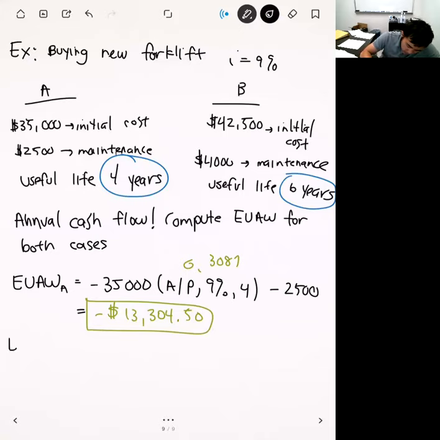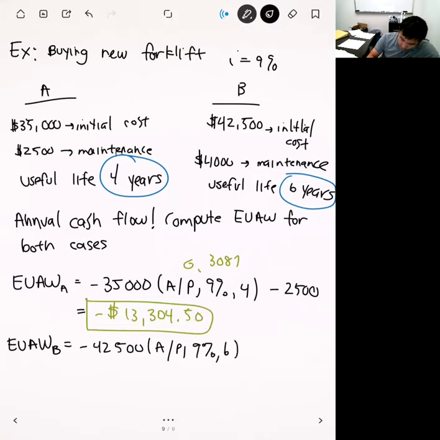Now let's do the EUAW of option B. This is going to be a minus 42,500. Again, this is going to be A over P, 9%. Instead of 4, what we're going to use is 6, because forklift B has a life of 6 years.